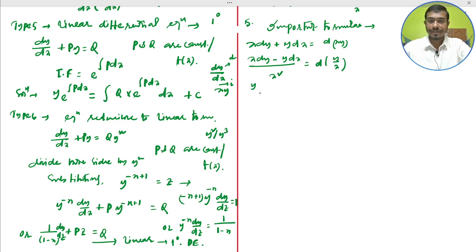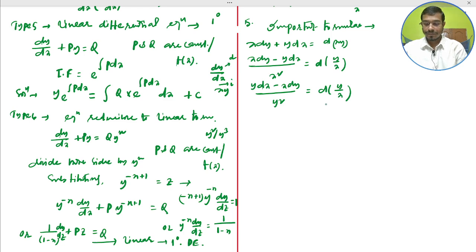Next, y dx minus x dy divided by y square becomes d of x by y, because we divide by y square, so y should be in the denominator.